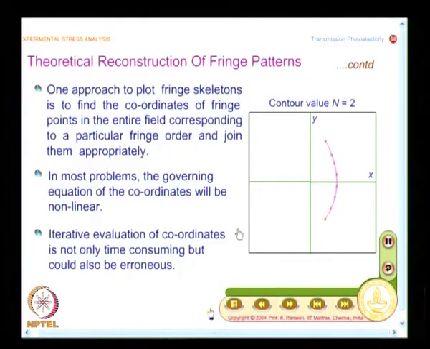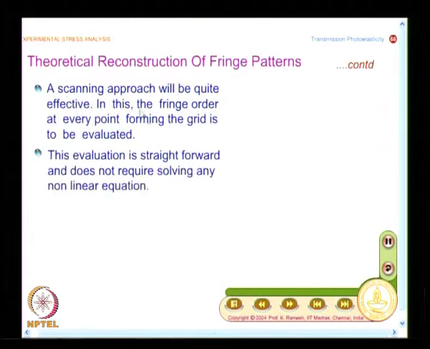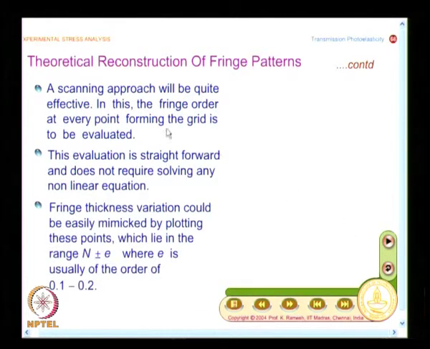So, what we will do is, see, computers are very faithful servants. If you ask them to do repeated calculation, it will do without a murmur, that is the greatest advantage. So, we will use the computer that way. We will do a scanning approach, which will be very effective.